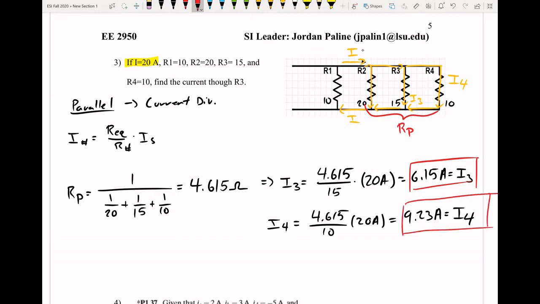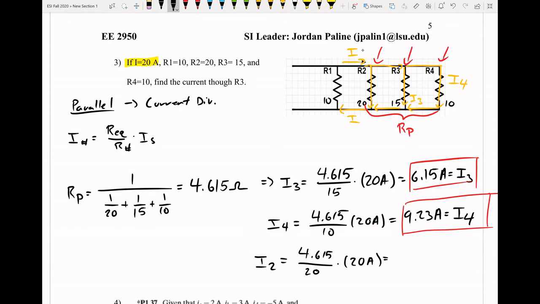Okay, so just showing you that you can use the R parallel to find 1, 2, 3 currents. You know what, while we're here, let's just go ahead and find I2. So I2 is going to be 4.615 over 20 times 20 amps.